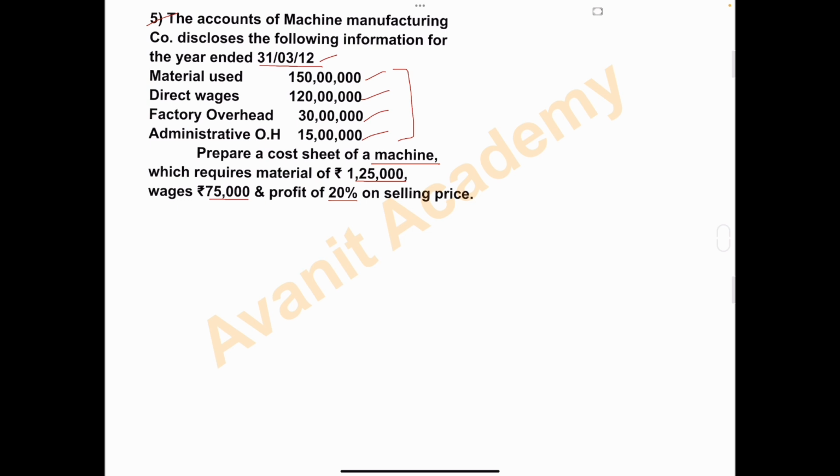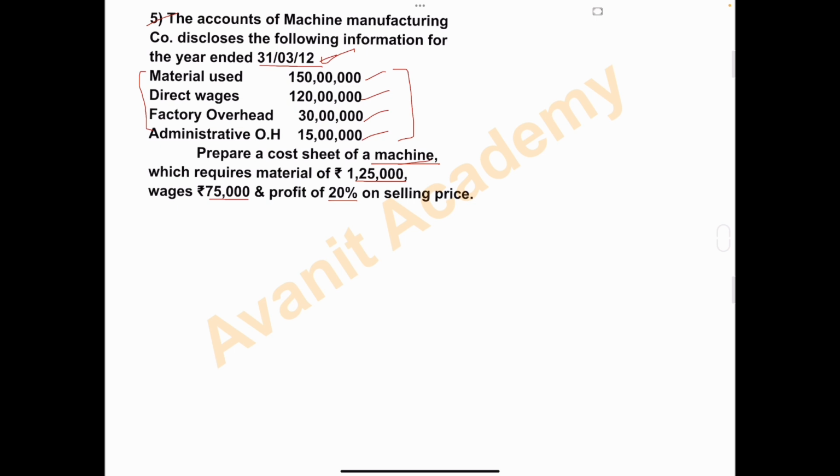So in this problem, we have to prepare two cost sheets. Number one, the cost sheet for the year ended 31st March 2012. For that, we have to take material used, direct wages, factory overhead, and administrative overhead. Next, we have to prepare the estimated cost sheet of a machine which requires material costing rupees 1,25,000, wages 75,000, and a profit of 20% on selling price.